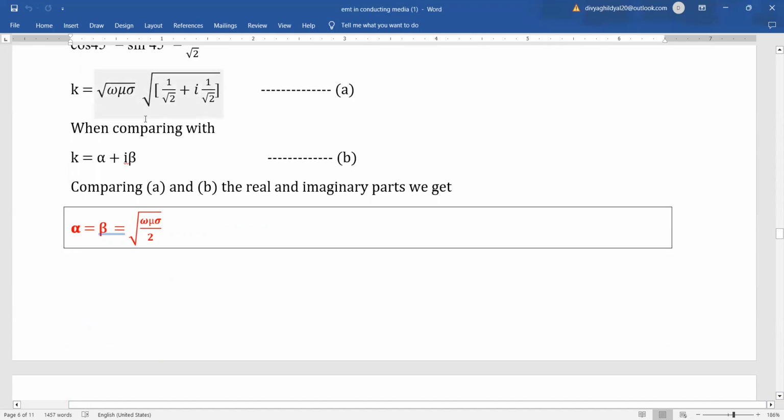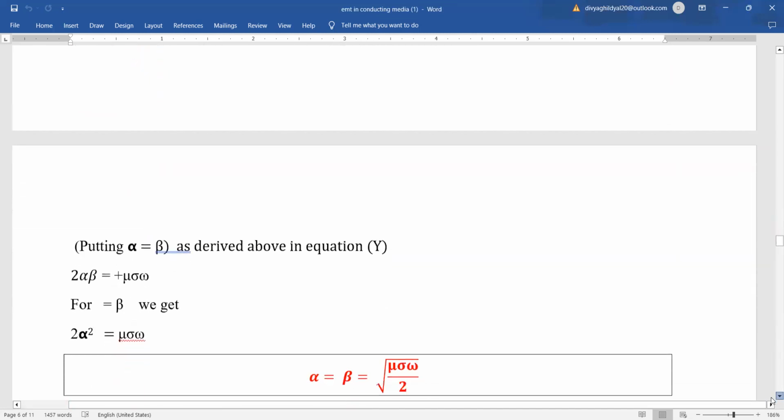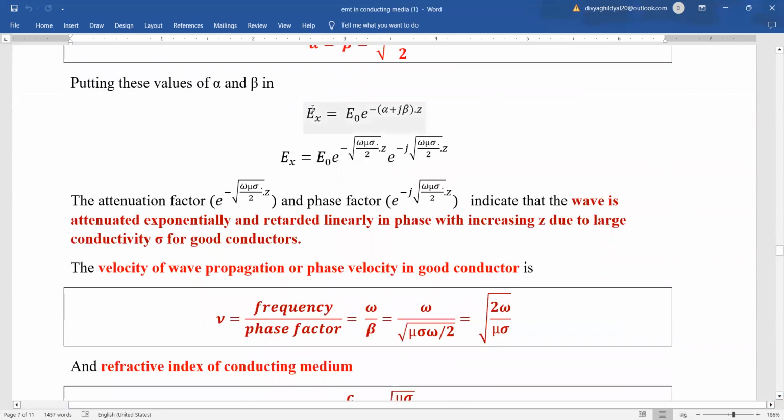Once again, we compare the real and imaginary parts and we find that alpha is equal to beta is equal to under root omega mu sigma upon 2. Next, we find the value for alpha and beta.